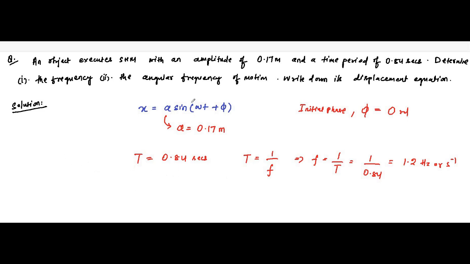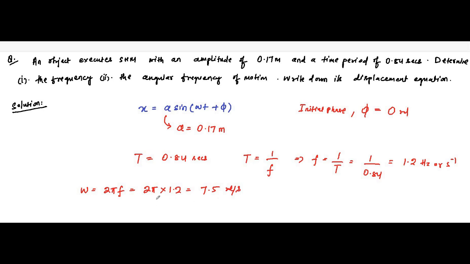Then we need the angular frequency for the SHM equation. Angular frequency is equal to 2 pi f, that is equal to 2 pi into 1.2. It is coming around 7.5 radians per second.